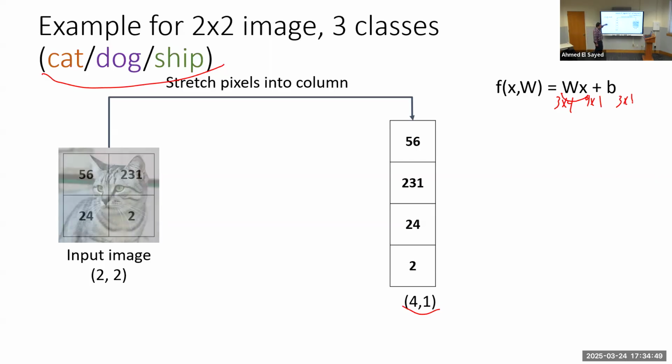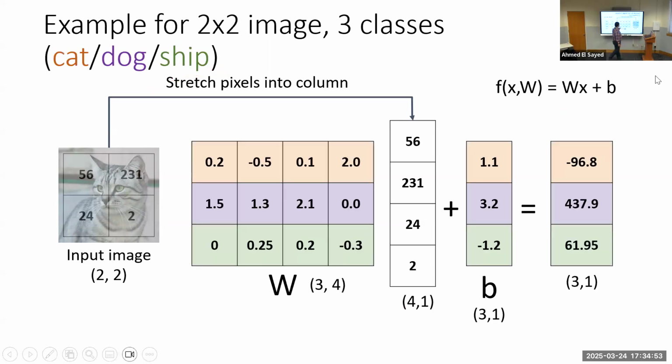I will start with any guess for W and any guess for B. So this is the 3 by 4 value for W, and this is X. I add it to B, and then I generate this Y. Let's make a small trick. What is this trick?